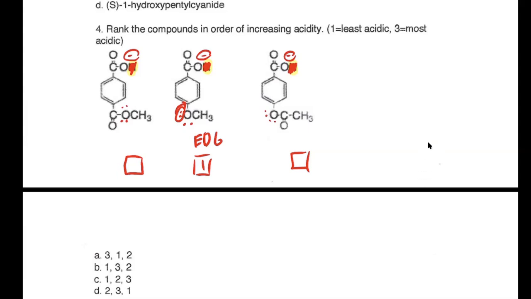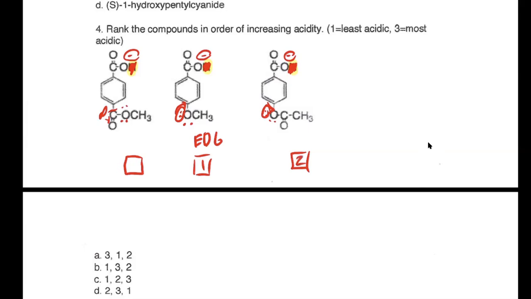Okay. So between the other two, the one on the left is going to be more electron donating, because the oxygen is directly attached. Thus, it can donate via resonance. But for the one on the right, you have to look at what's directly attached to the benzene ring, and that is a partially positive carbonyl carbon. Thus, between the two, the one on the right is more donating.